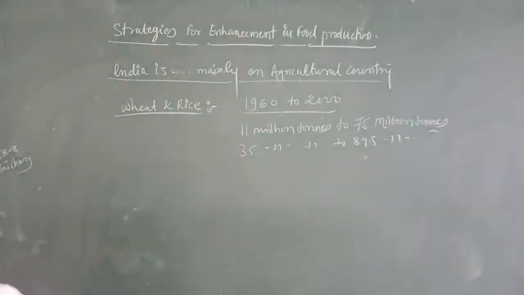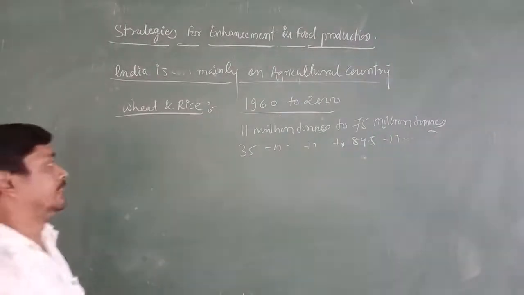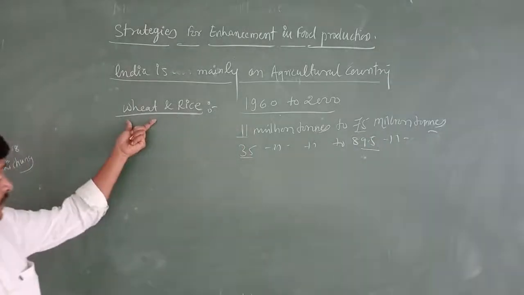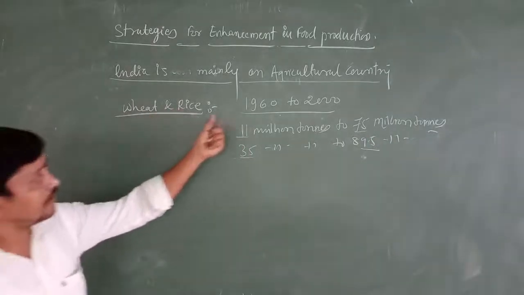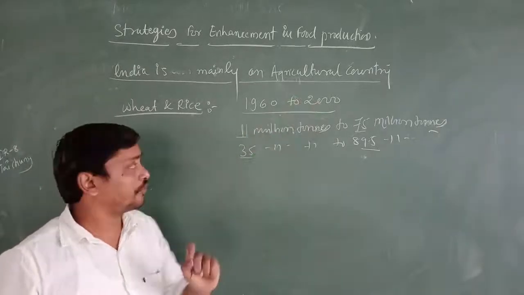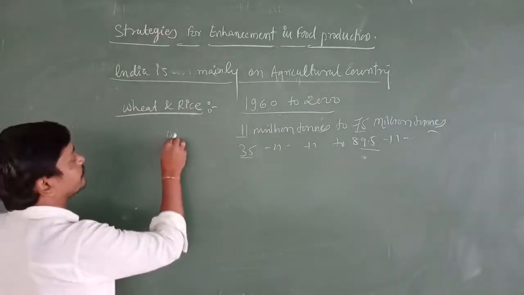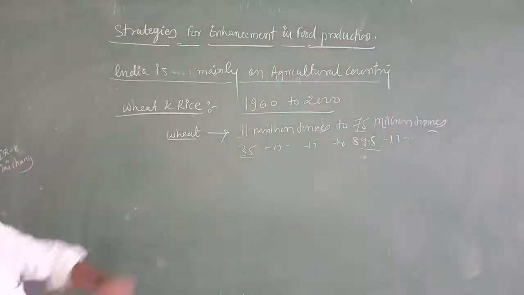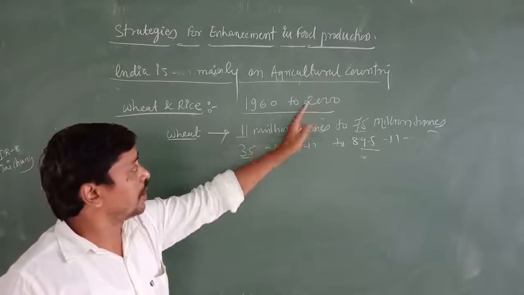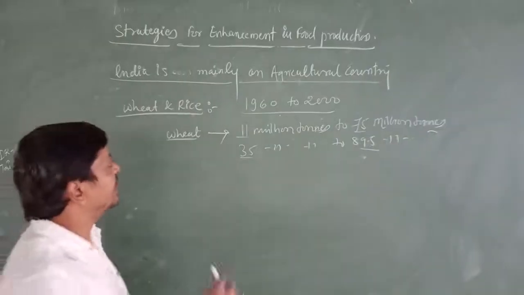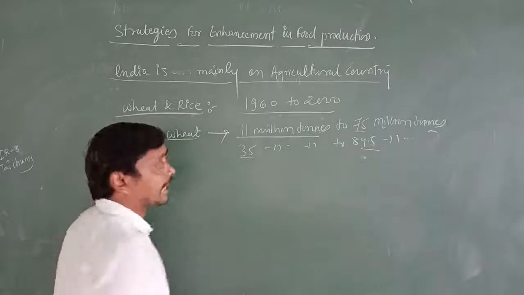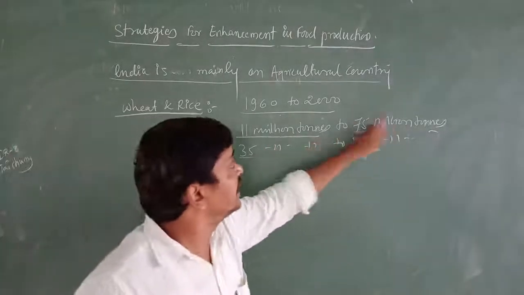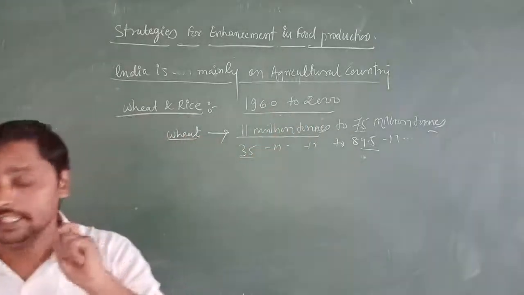What are these figures indicating? They indicate the development of production of wheat and rice from 1960 to 2000. Wheat production, with the help of plant breeding, increased dramatically from 11 million tons to 75 million tons within 40 years.